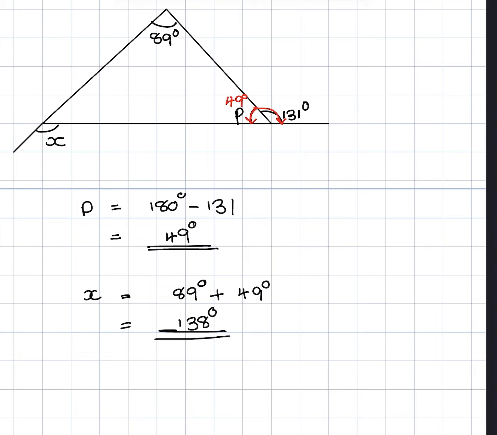We've reached the end of our examples. Let me give you one exercise that you're going to try on your own. Please reply in the comment section and indicate the value of the stated angles. It's a question using a triangle.